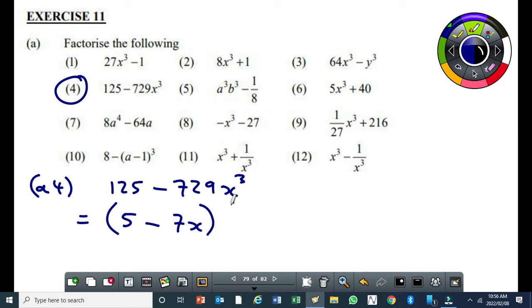Because when I'm moving around, I saw some answers that I didn't expect. So put 9 there. Then the first term of the trinomial will be 5 squared, which is 25.